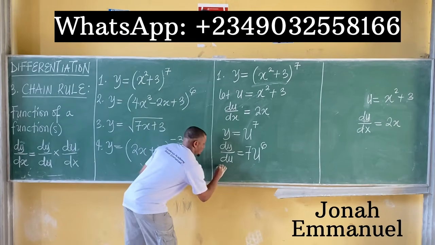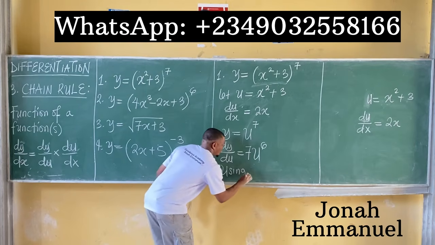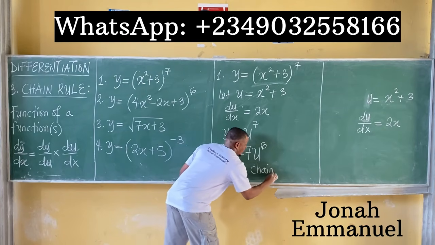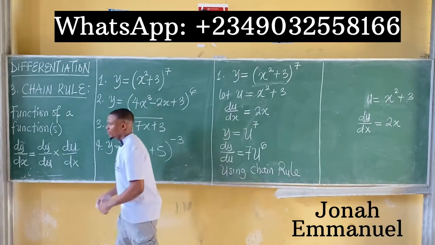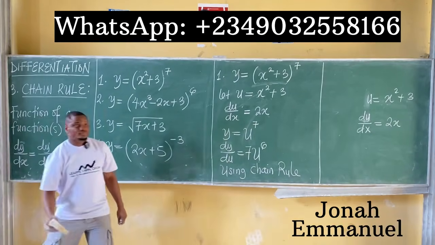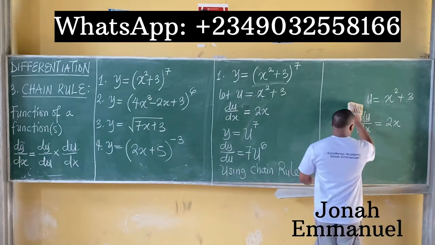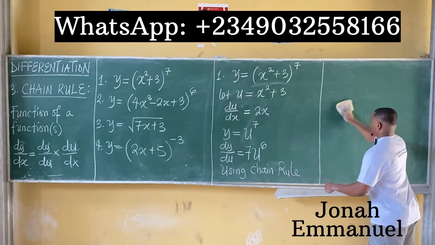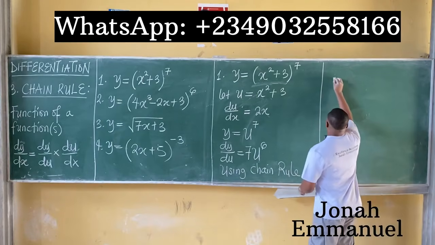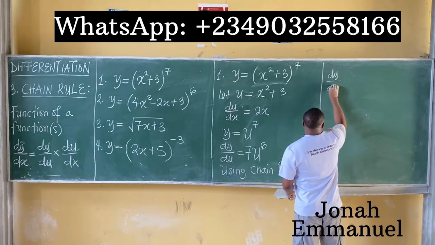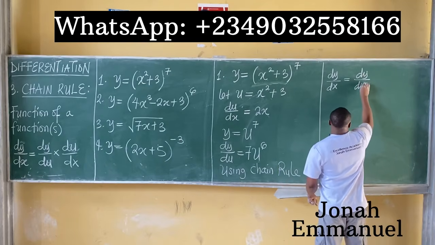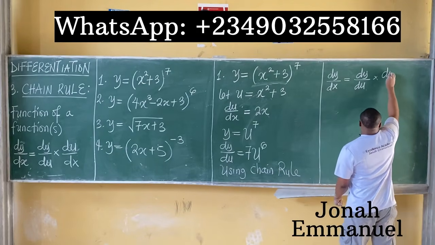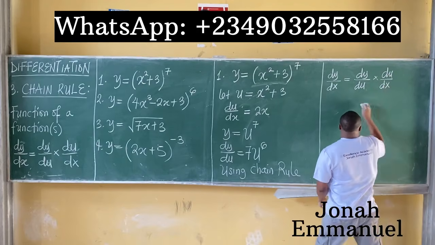At this point, now say using chain rule. The chain rule formula is that dy over dx is equal to dy du times du dx.